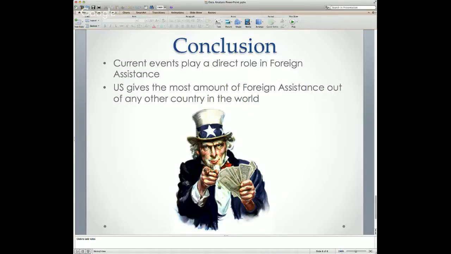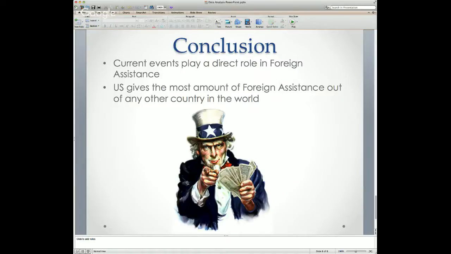And I took this a step further and looked at the peak years of spending from 2011 to 2013. I then analyzed what kind of categories the money was actually going towards. I found out that most of the money was being spent on health. This made sense because of the Ebola outbreak in West Africa. And I then looked at 2014 data and analyzed the money that was spent on stabilization efforts.